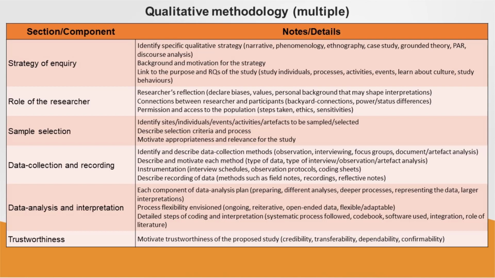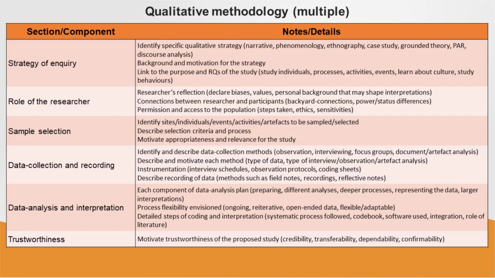Then give background and motivation for the strategy and link the strategy to your research purpose and the research questions of your study. Then in a subsection you could discuss the role of the researcher, because in qualitative work that's always a relevant aspect to address, because qualitative work always has the researcher involved in the study subjectively and not separate and objectively as seen in quantitative work.